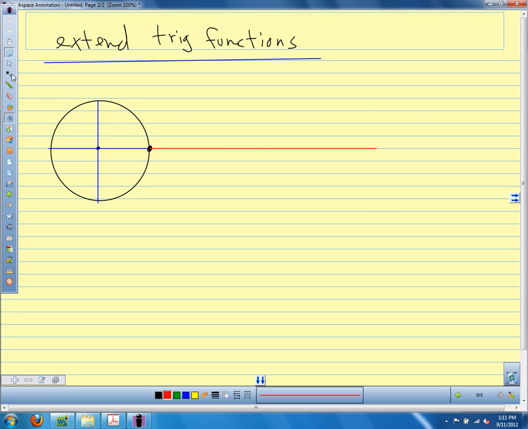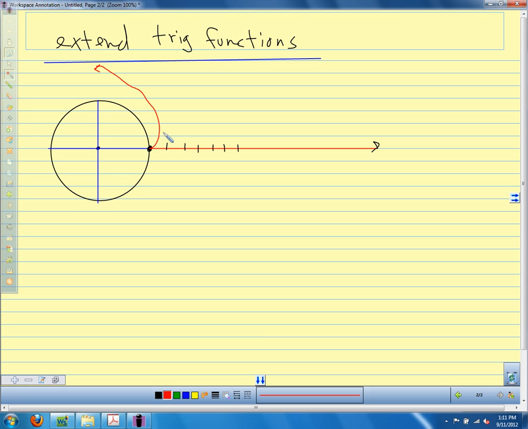And now we're going to imagine that this number line, and here are my numbers on my number line, is flexible. So I'm going to pick up the number line, and I'm going to start wrapping it around the unit circle.